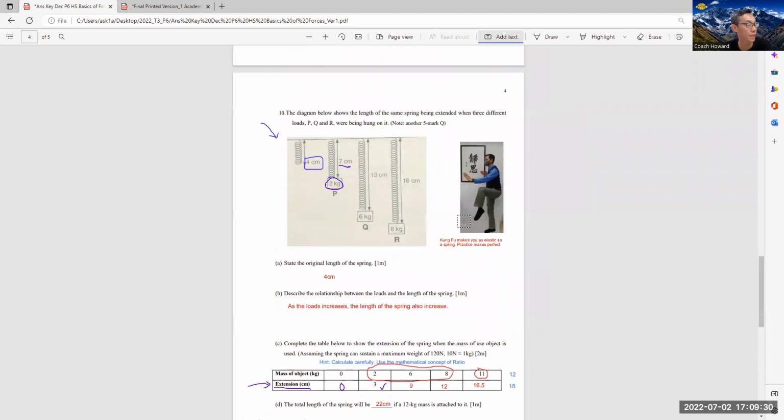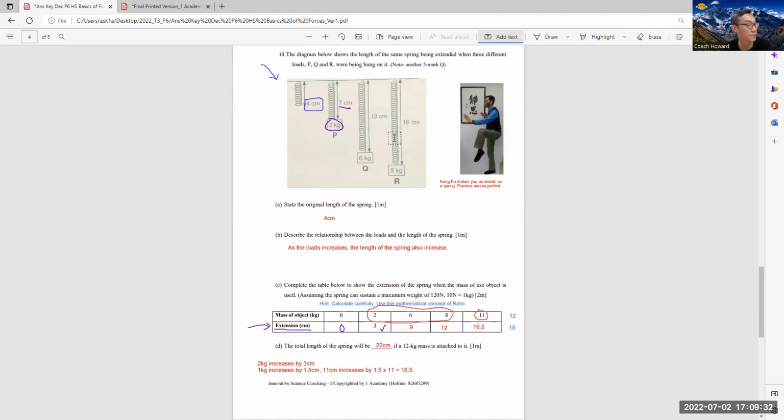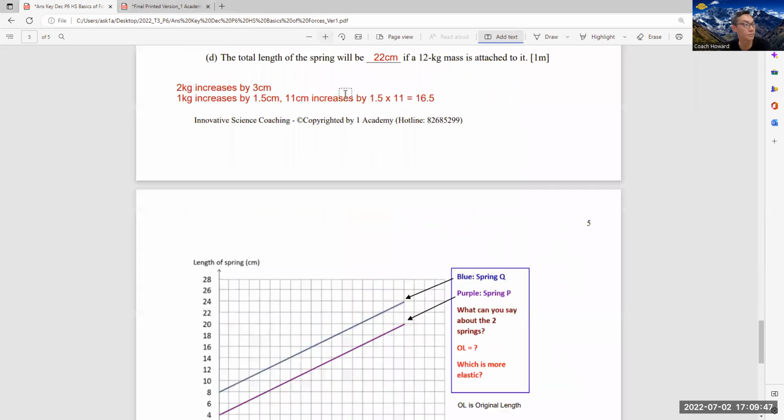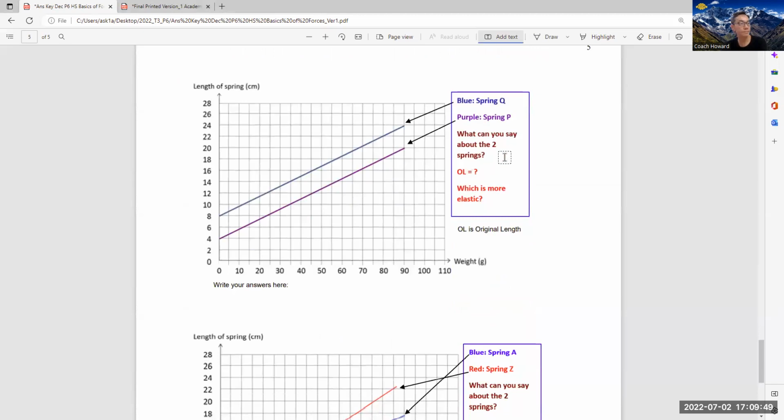This question, I designed this to test your understanding of how to interpret the graphs. Then you continue with the next one. This part, there are 2 lines here. Let me enlarge. Can you see here?